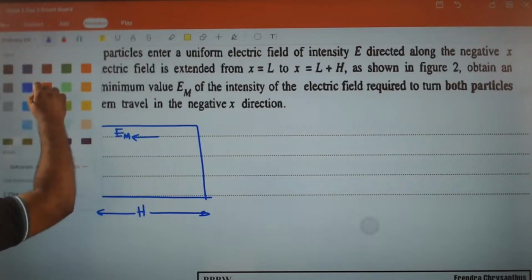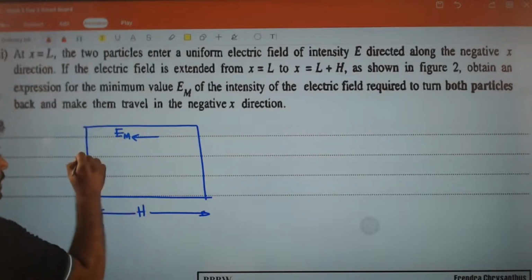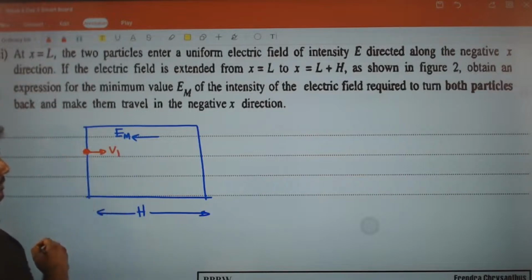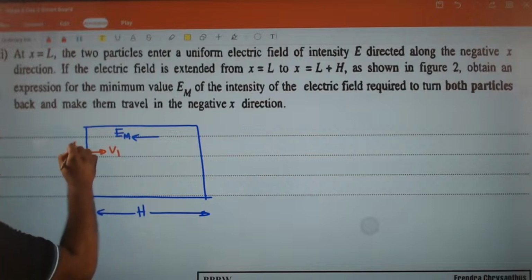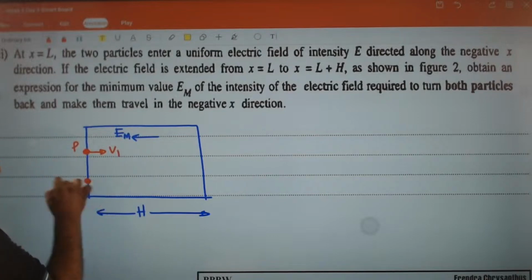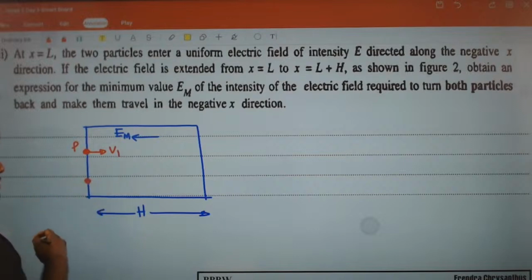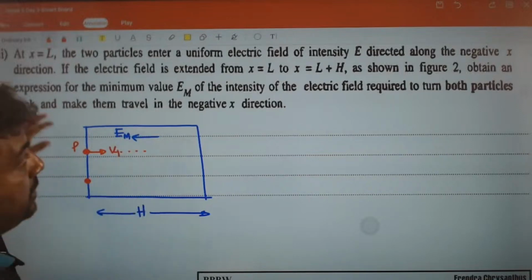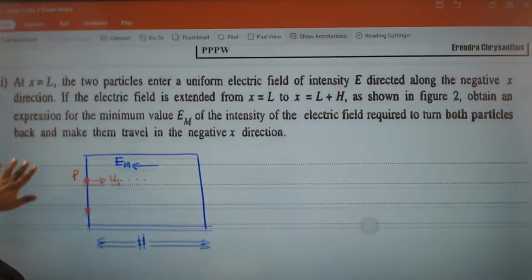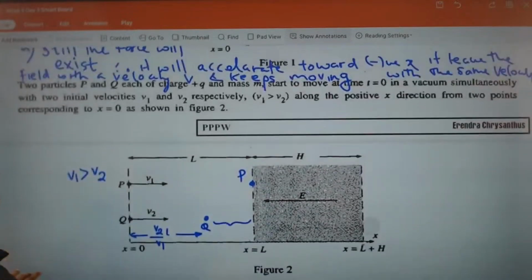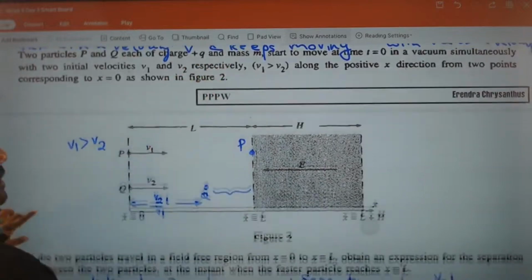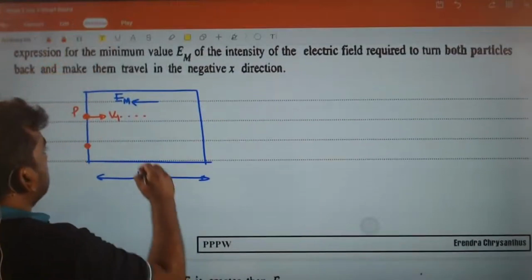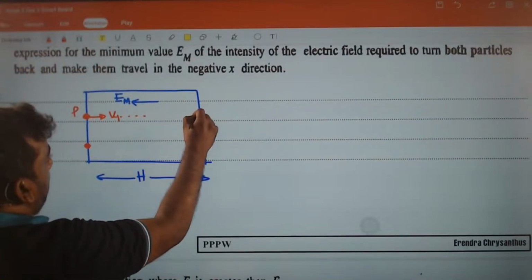Minimum means, look at the board. Faster particle enters with velocity V1. Slower particle enters at a different time with velocity V2. Both have the same charge, same mass. So the faster one will come to the very end and stop.